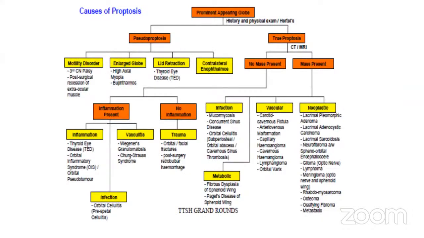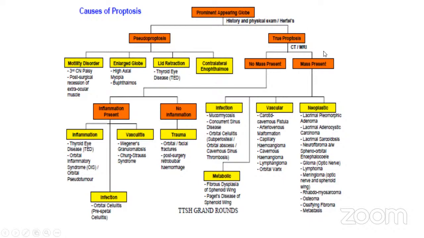So coming to the summary, the causes of proptosis appear after a history and physical examination. Pseudoproptosis has to be ruled out, which could be because of a motility disorder, an enlarged globe, lid retraction or contents of the orbit. True proptosis has to be seen.